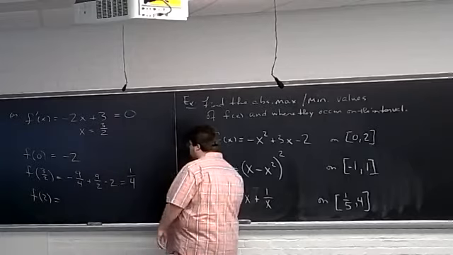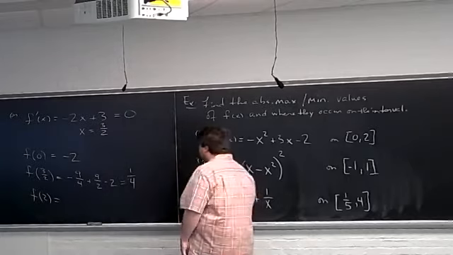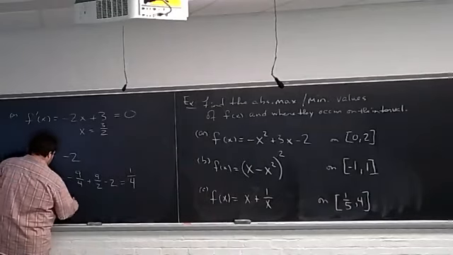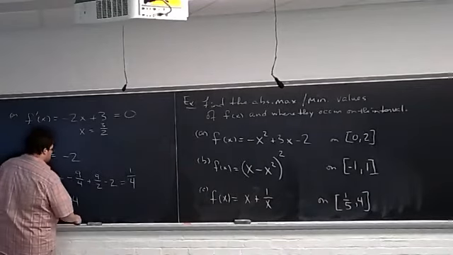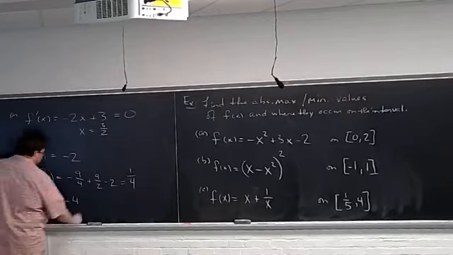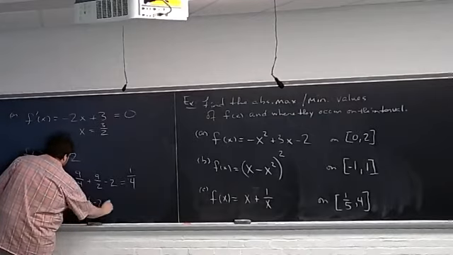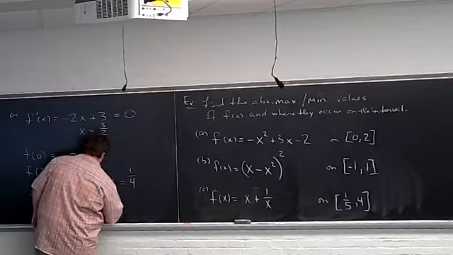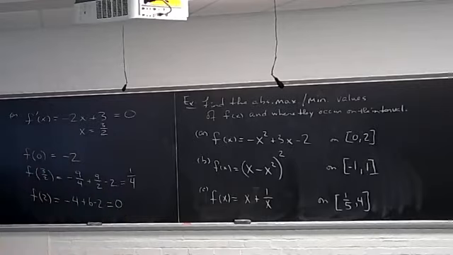This 2 is 8/4. So we have 1/4. And f at 2 is negative 4 plus 6 minus 2. Those add to 0. Equals 0.